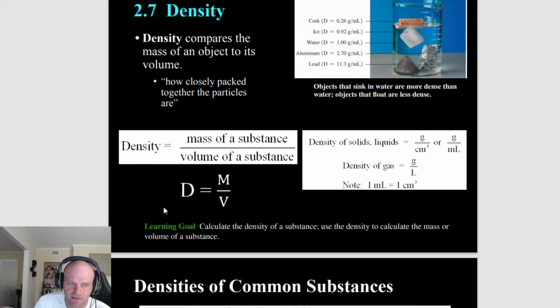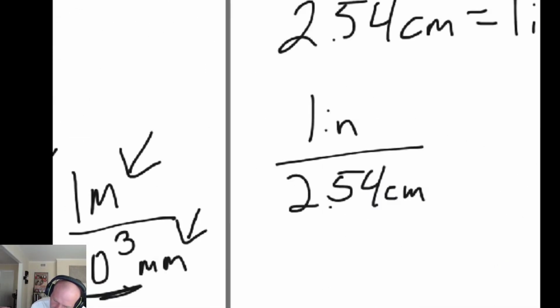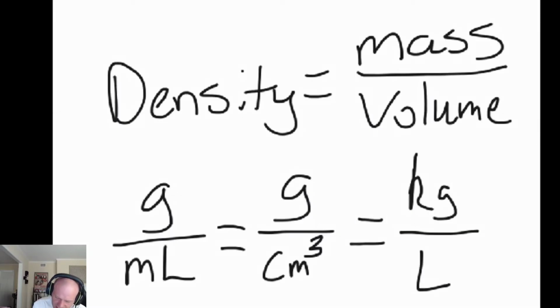Okay. So let me go to here. Let's talk about water. Let's talk about density in general a little bit. Where's my pad at? Let me get this back here. Okay, so density equals mass over volume. And here I've shown you some equivalents.